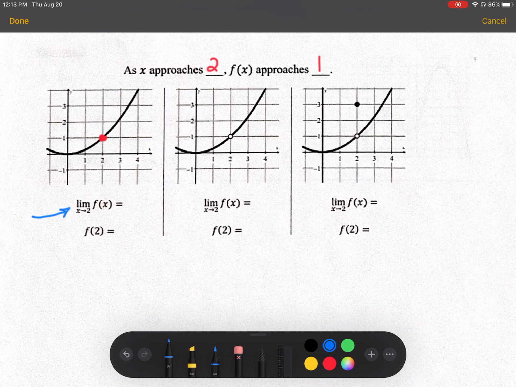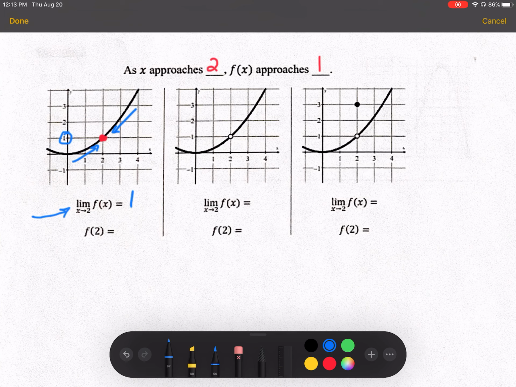And so what we want to check is from the left side and the right side, what is that y value that we're approaching? And is it the same thing on both sides? And so when we look here, these graphs are both approaching this y value of 1. So my limit there is 1.